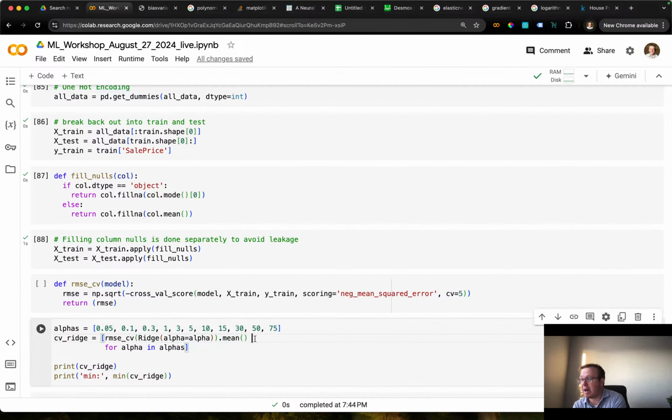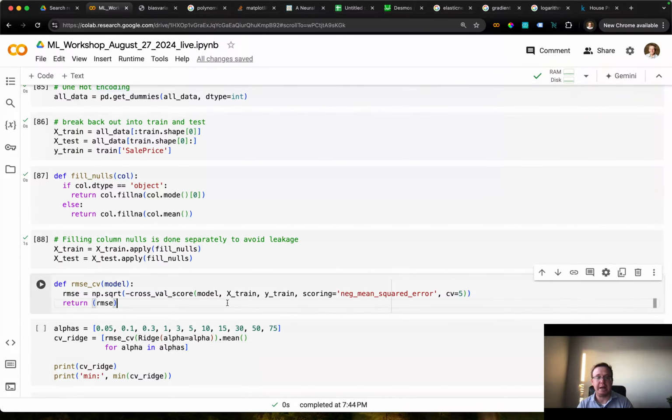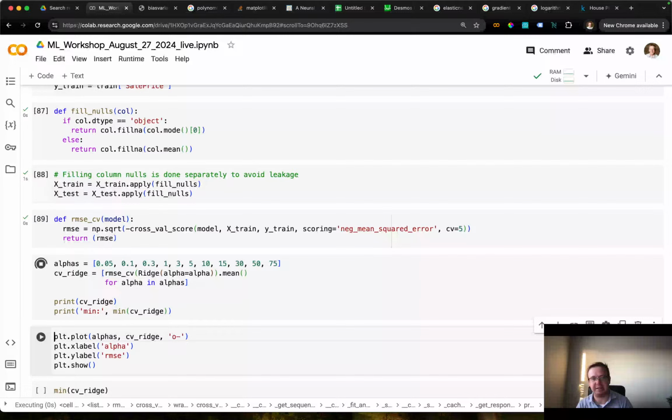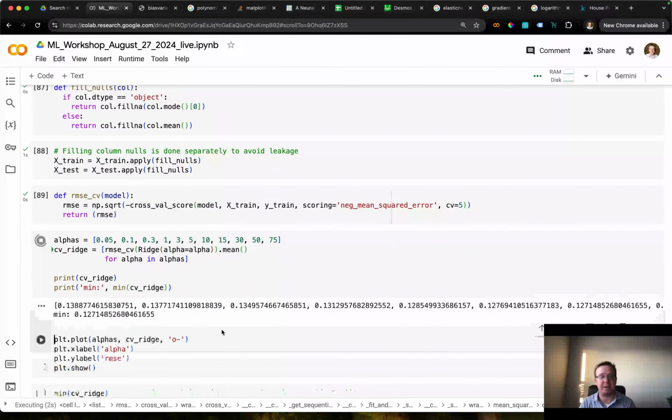Because maybe the alpha value is different now that I have controlled for this skewness in some way. Right? Typically, after I take the log of values, their scale drops by quite a lot. So I might need a different alpha value here, and I've already tested this, so I know what it is actually.